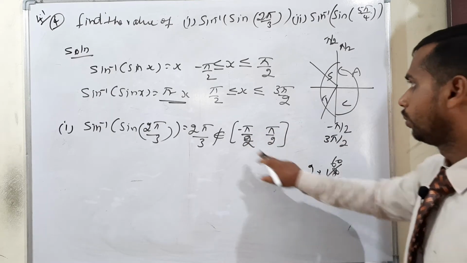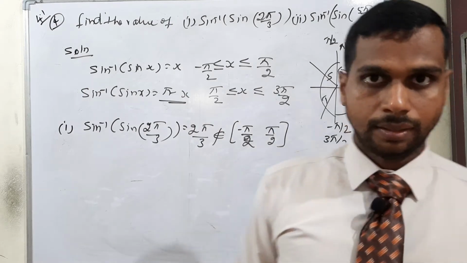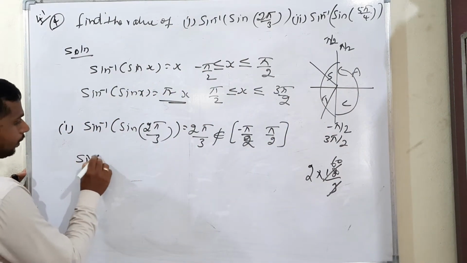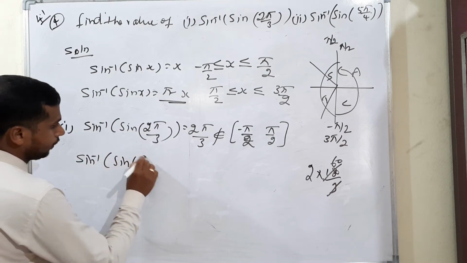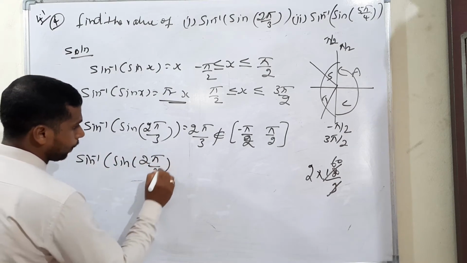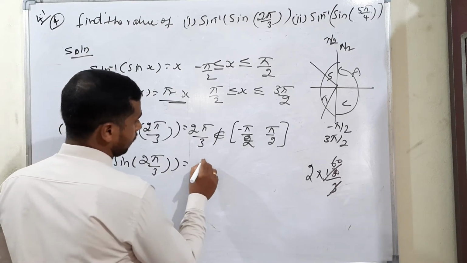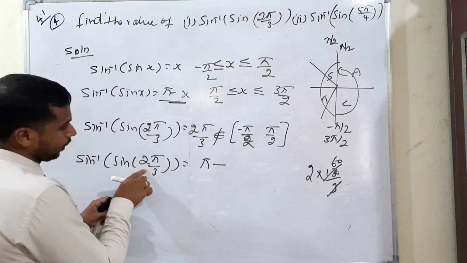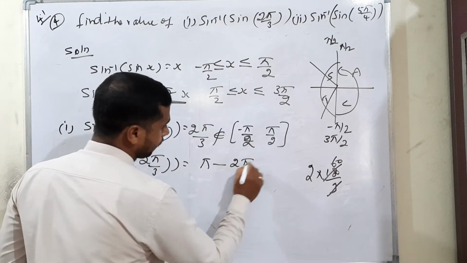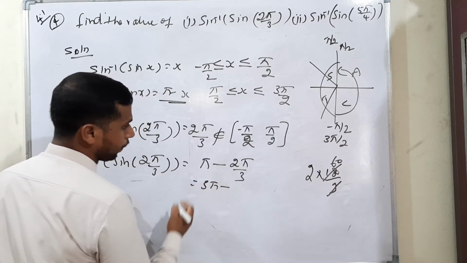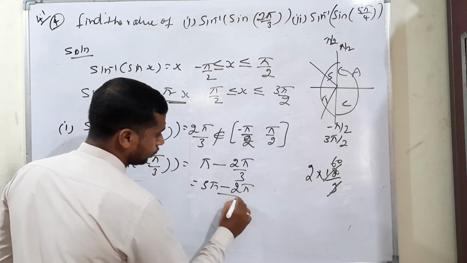So what do we have to do? Apply the second condition. Sine inverse of sine 2 pi by 3 means pi minus x value. What is the value? 2 pi by 3. So pi minus 2 pi by 3, and cross multiply. 3 into pi is 3 pi minus 2 pi by 3.